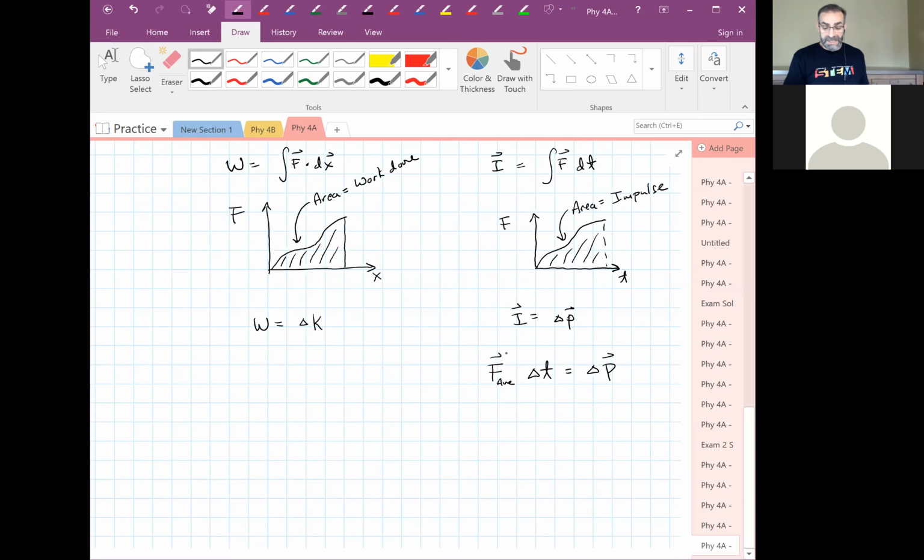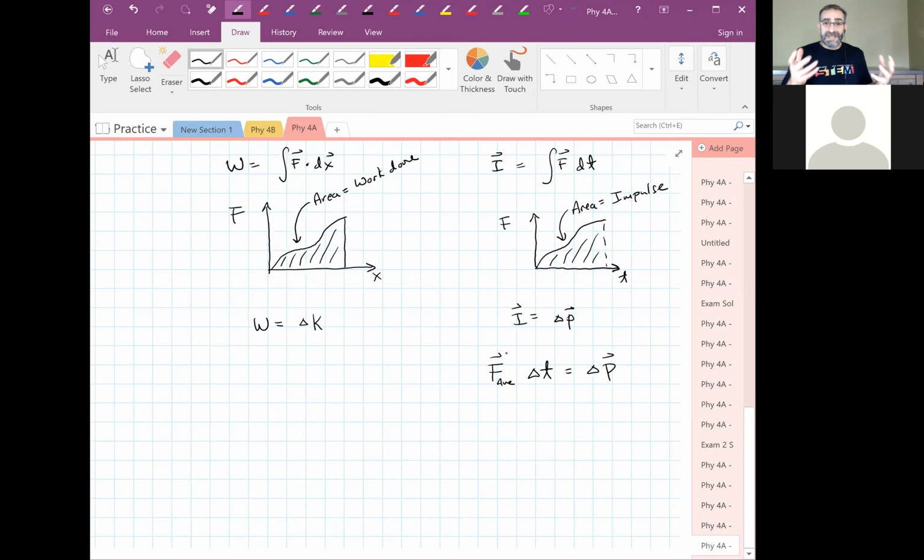Another example is if you've ever shot a gun, a lot of times when you shoot a rifle, it has recoil. The rifle rests against your shoulder and there's recoil, right? Because when the bullet comes out with a certain amount of momentum, what does the gun have to do? It has to go backwards with the same amount of momentum as the bullet coming out the other end.